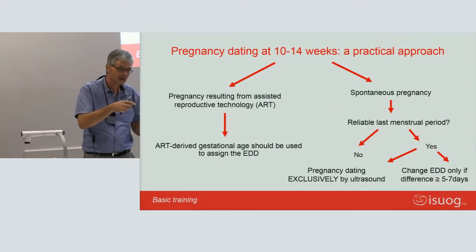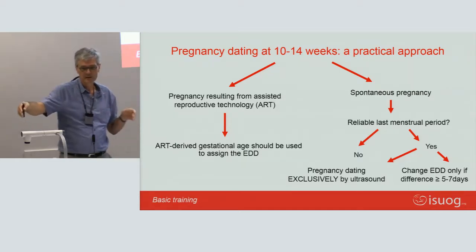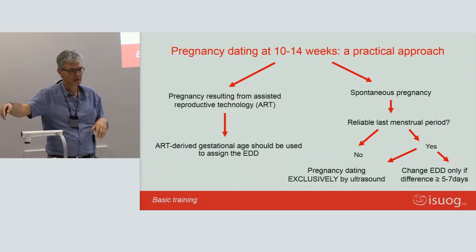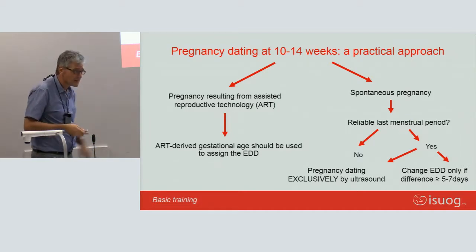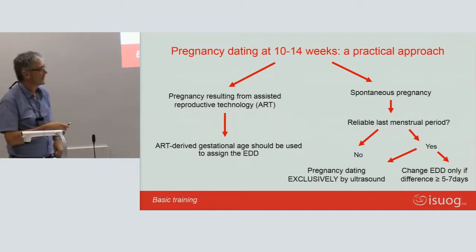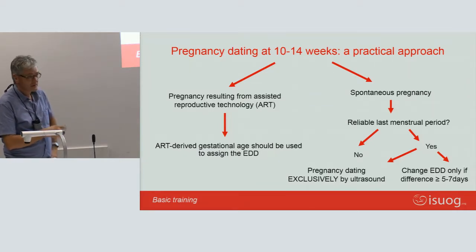On the microscope they have the millisecond when the sperm enters the egg, and then they wait 5 days and put back the embryo, and say that's when the pregnancy started, which is utter rubbish. And then you get into huge fights with them, but that's part of it. So if it's after assisted reproductive technology, you use that date.